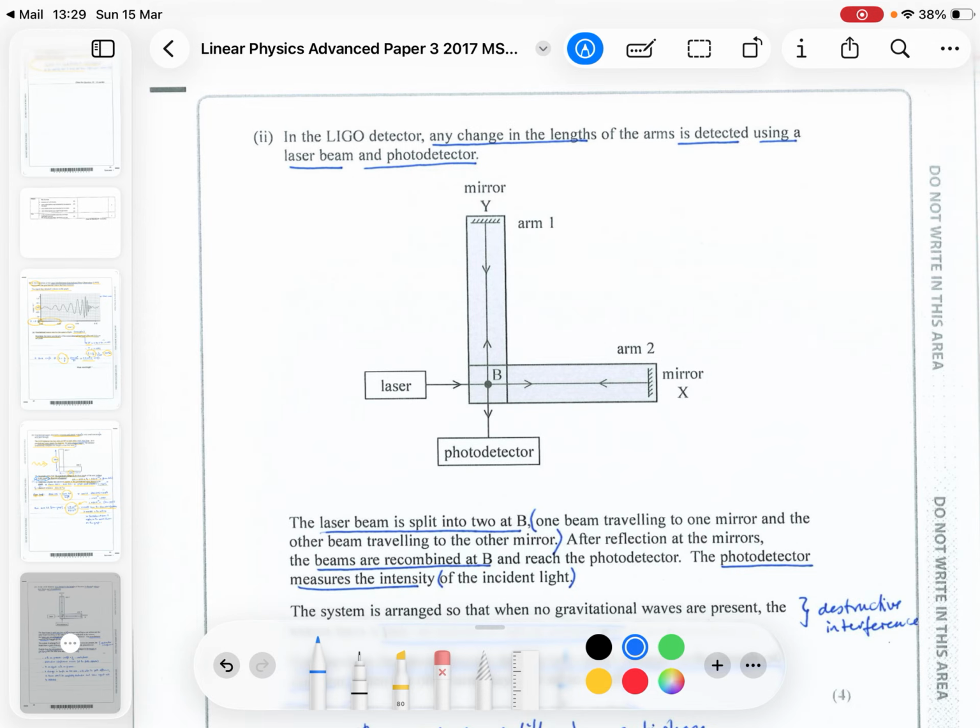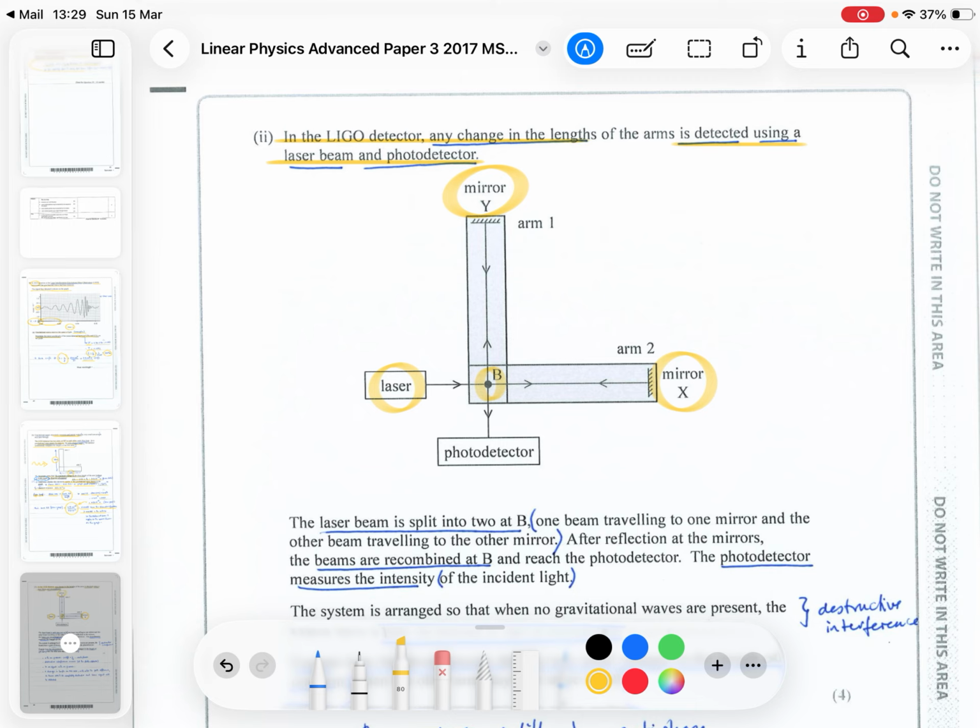The same equipment. It says the LIGO detector, any change in length of the arms is detected using the interferometer, a laser beam and the photodetector. So the laser beam goes in here, gets split at B, and the split beam goes to mirror X horizontally, mirror Y vertically in the diagram.